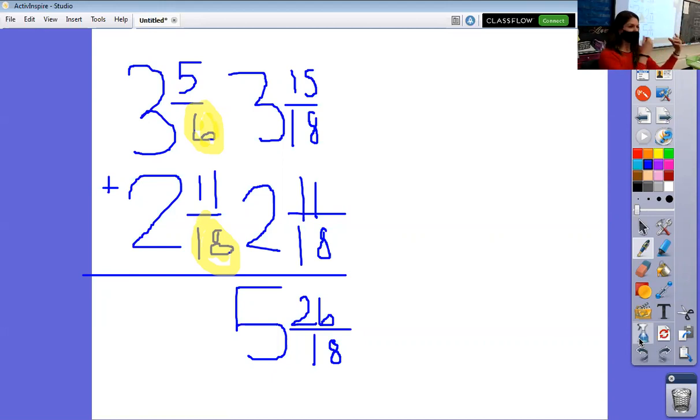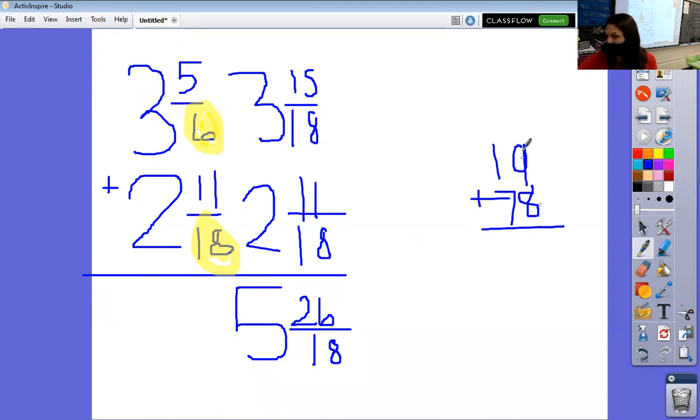the ones column. Kind of like when you're adding together a couple of numbers like this, and you get too many here in the ones column, what do you do? You regroup, right? So what we're going to do with this fraction is we're going to regroup them. How many pieces would make up one whole in this fraction?